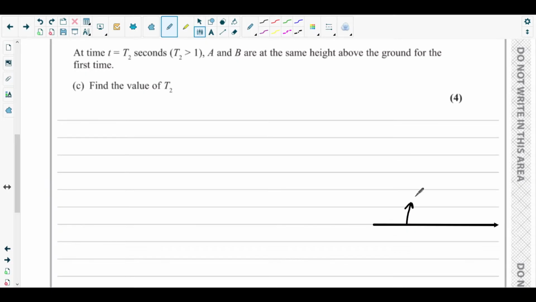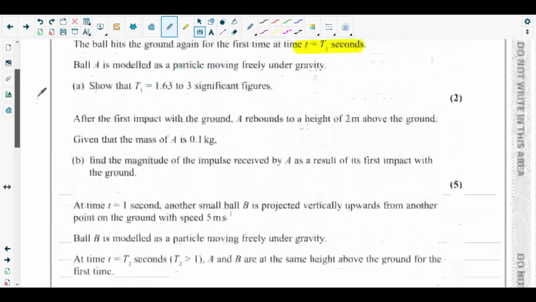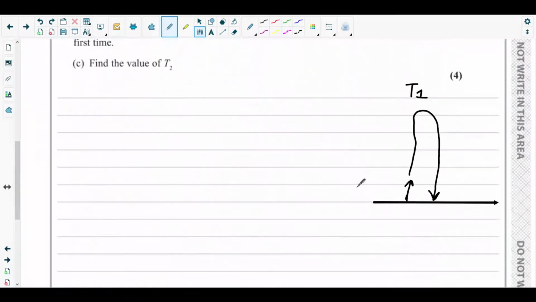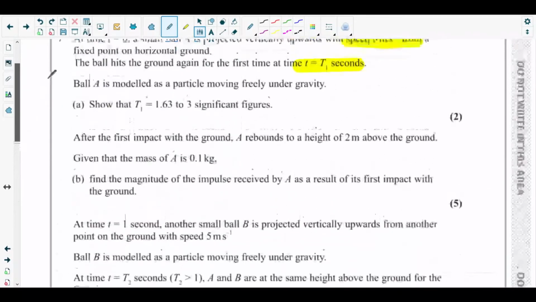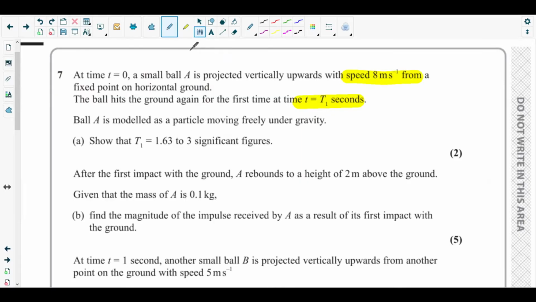It goes up, reaches maximum height, and then falls to the ground. The total journey time is t1 seconds. The projected speed is 8 meters per second. Ball A is modeled as a particle moving freely under gravity. Part A is asking to show that t1 equals 1.63 to 3 significant figures.